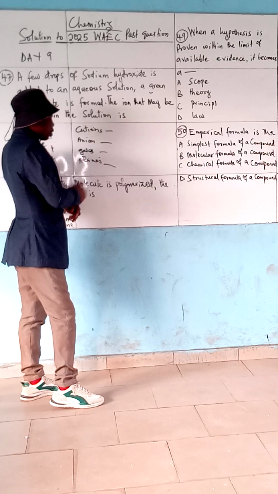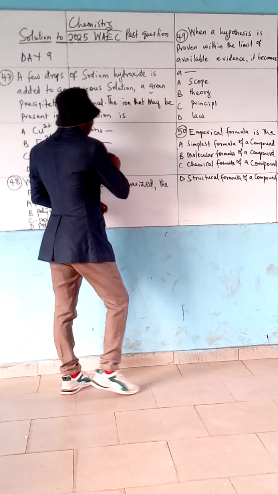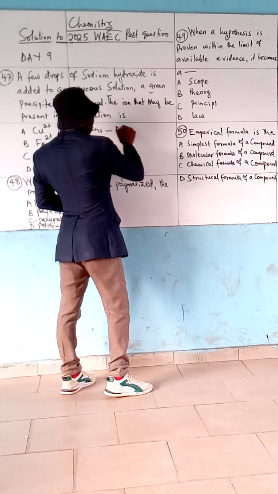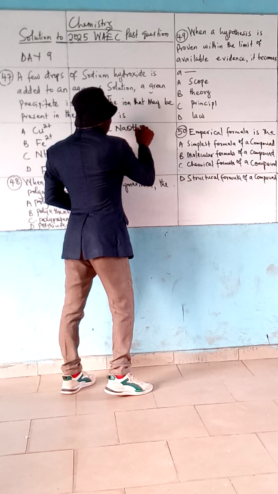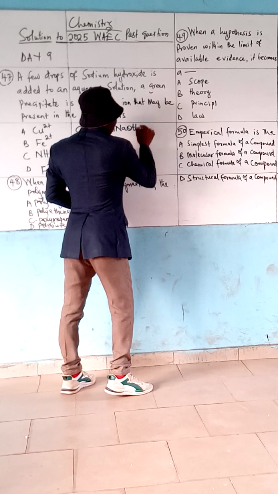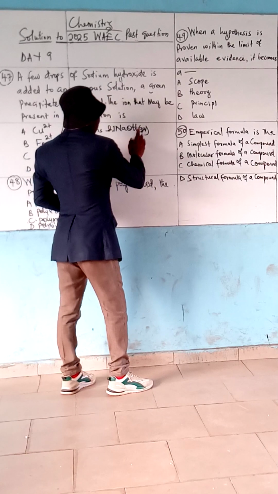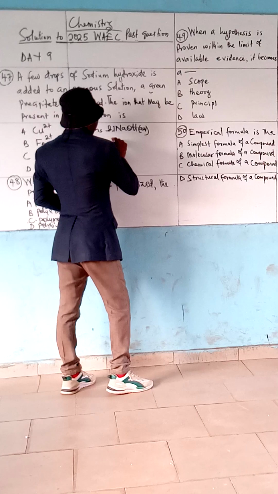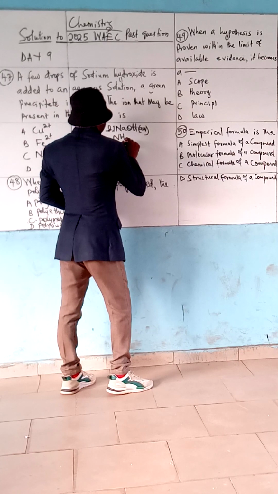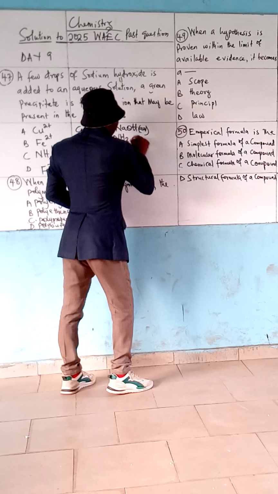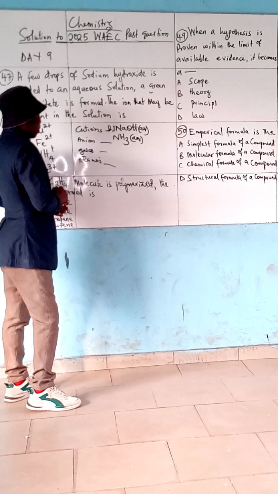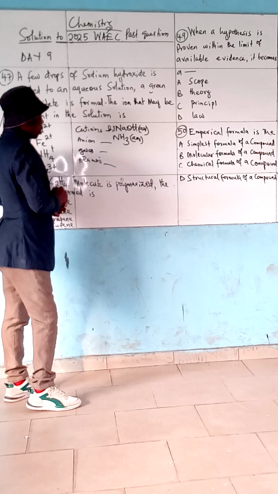In this identification of ions, of course, the major reagent used for identification of cations is dilute sodium hydroxide. You must always put dilute sodium hydroxide and NH3. After that is aqueous ammonia.